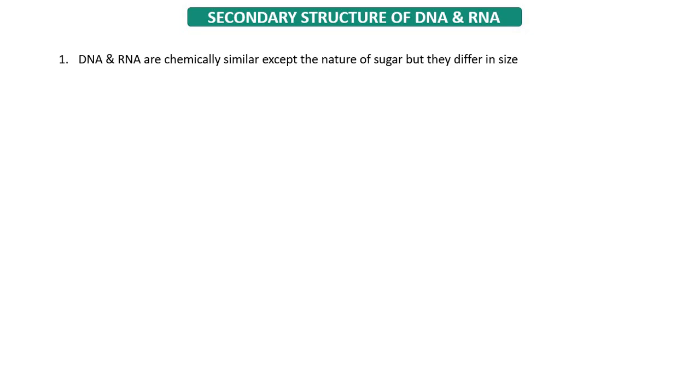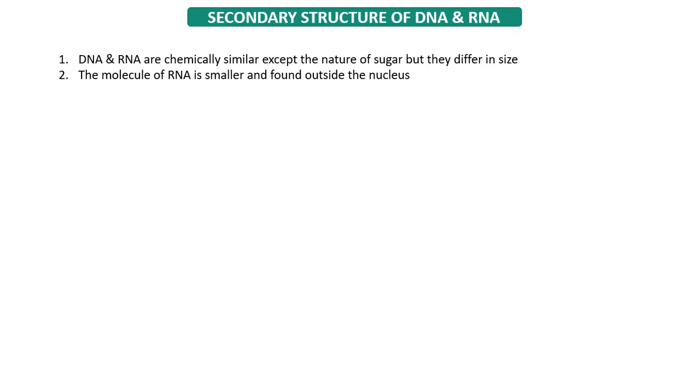Now DNA and RNA are chemically similar, only there is a difference in the sugar and one of the bases, that is thymine and uracil, that we have seen already, and there is a difference in size as well. Remember, the molecule of RNA is smaller and it is found outside the nucleus, so that is also an important point to remember about the difference between DNA and RNA.